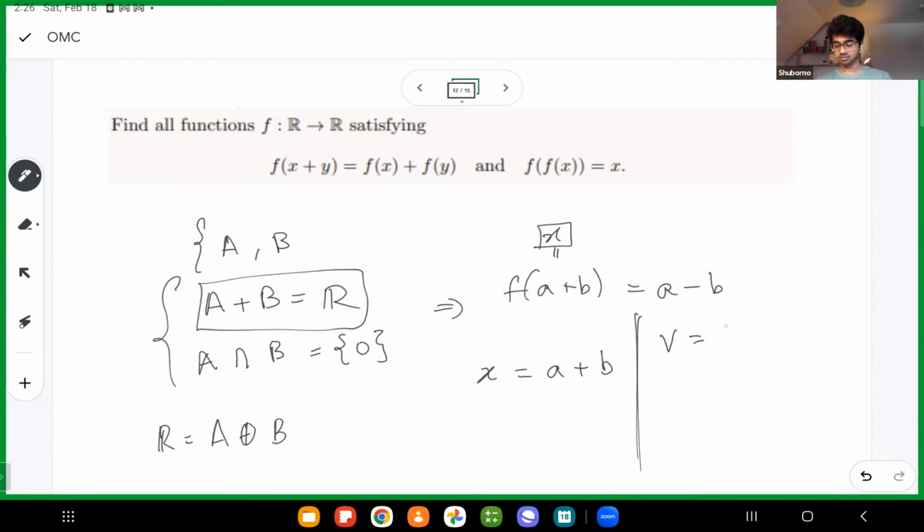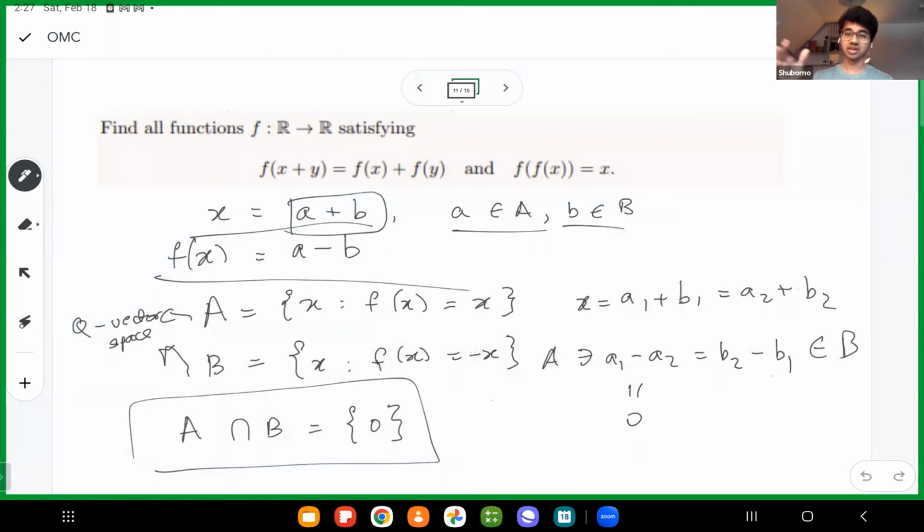If you had something like V as U plus W, and the intersection is 0, then that's called a direct sum, because you can express V as a unique sum of U and W. So for all V, you can express V as U plus W, and these are unique values, a unique representation.